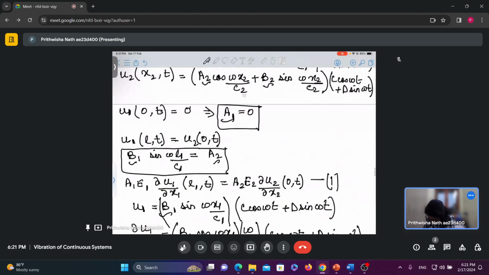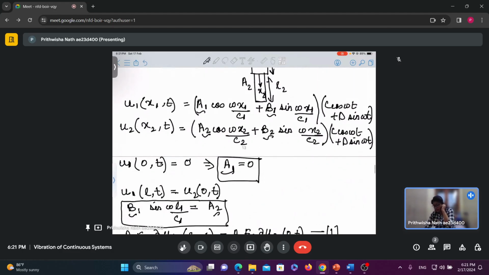U2 is this expression: A2 cos(omega x2 by C2) plus B2 sin(omega x2 by C2), into (C cos omega t plus D sin omega t).